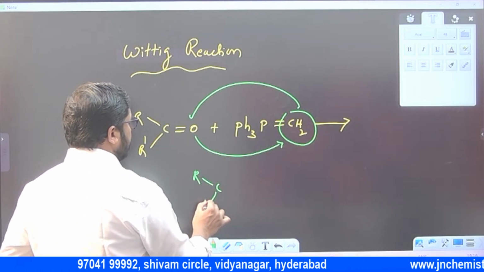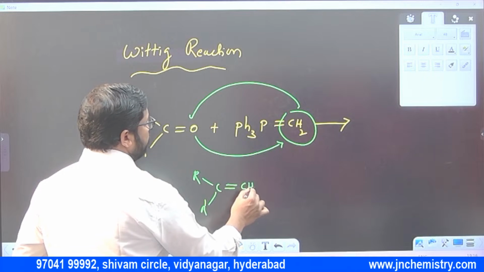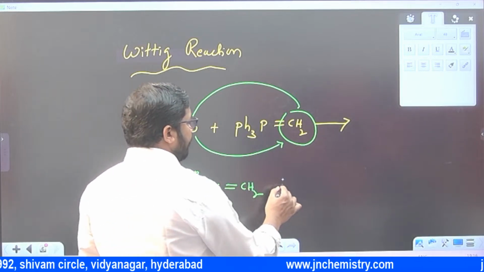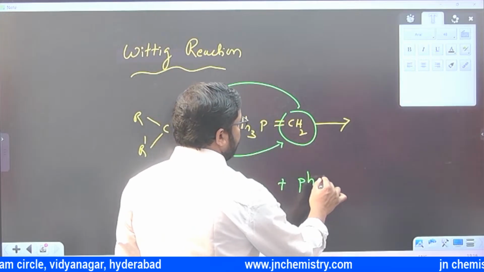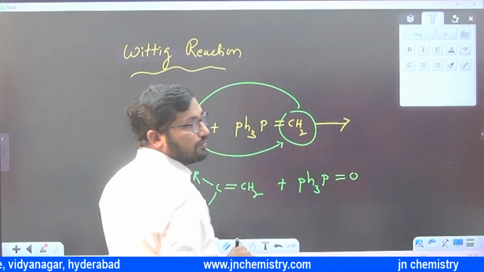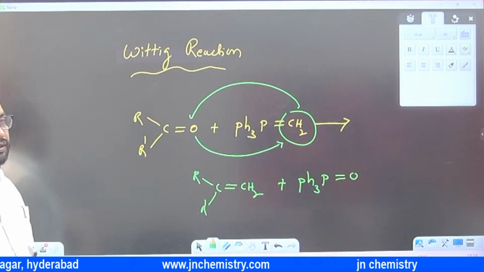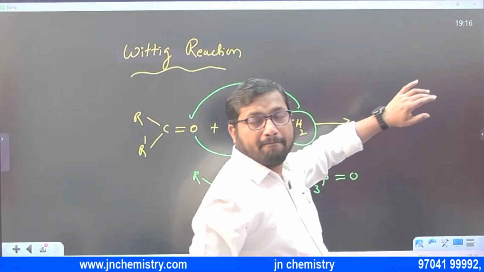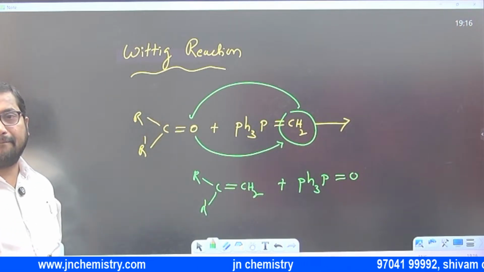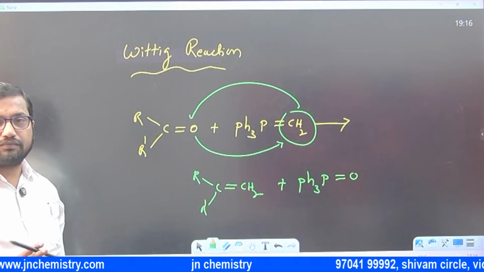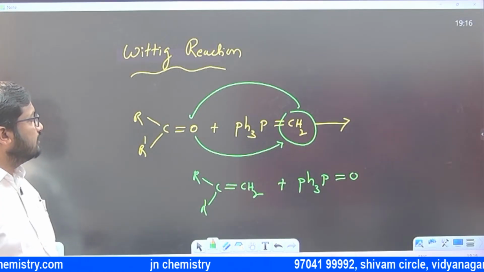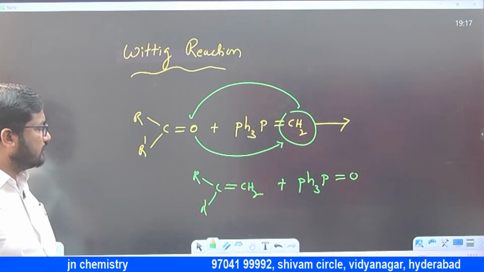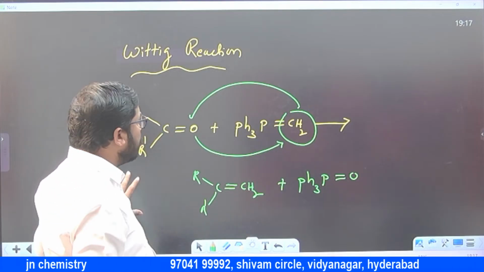R dash double bond CH2, alkene we will get, and triphenyl P double bond O. So first write it down this. We have the mechanism also here.